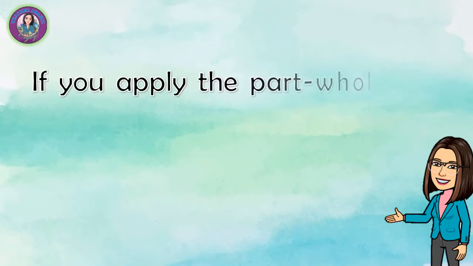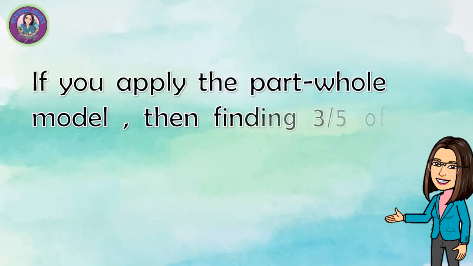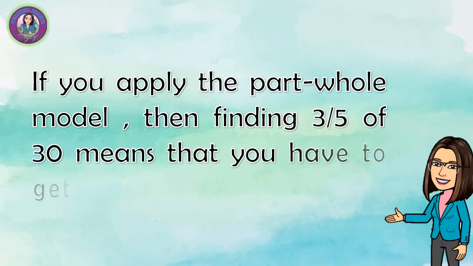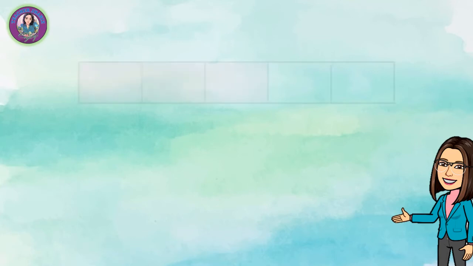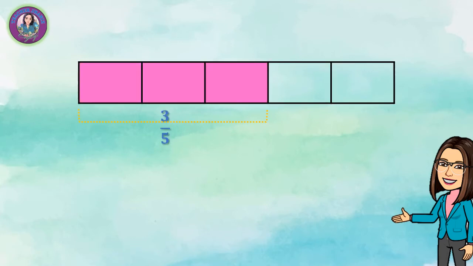If you apply the part-whole model, then finding 3/5 of 30 means that you have to get 3 units when 5 units is 30. This illustration shows 3/5 or 3 parts out of 5 equal parts, and this whole is 30.